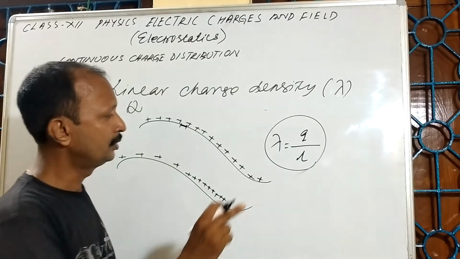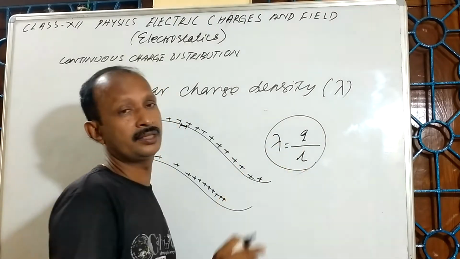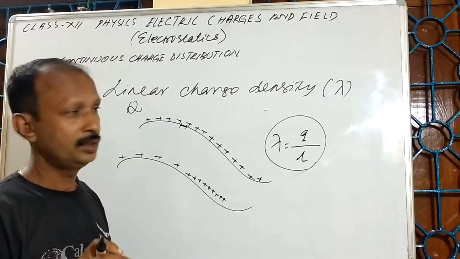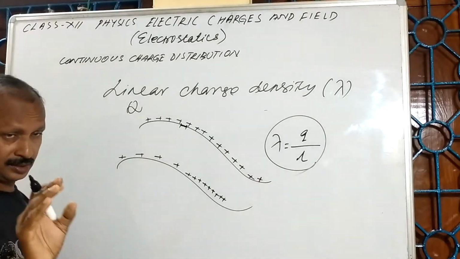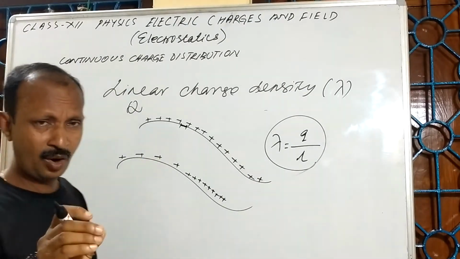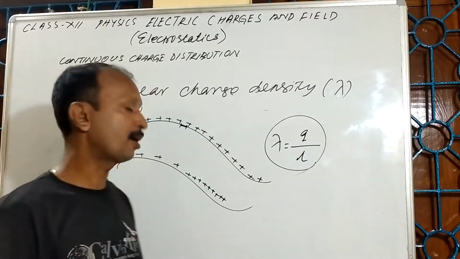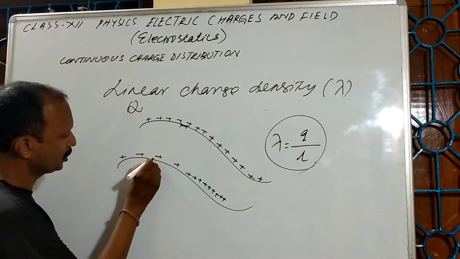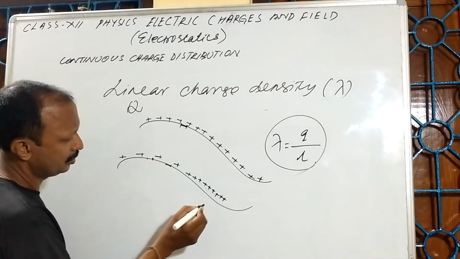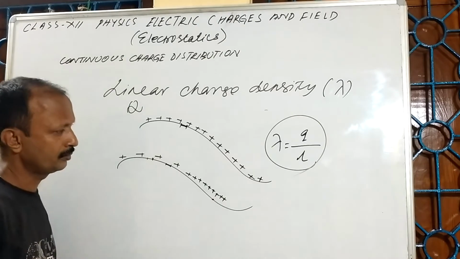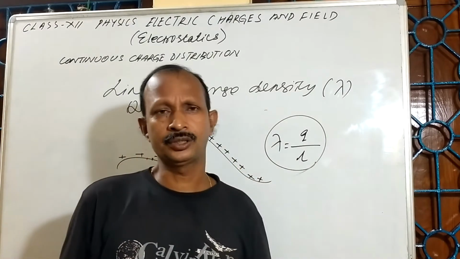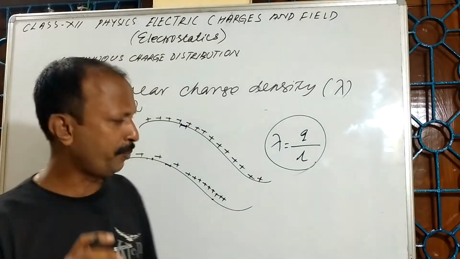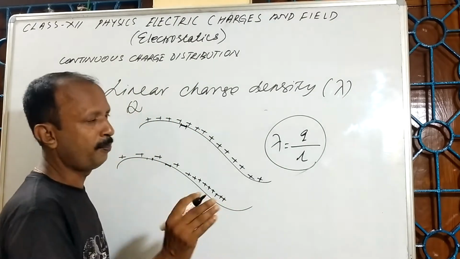I have taken charge to the length, unit length, a small charge and a small length. But suppose the charge is not distributed uniformly. Then what about the charge here? What about the charge here? What about the charge here? So in this case, we have to consider a point charge. That means the charge present in a small point.